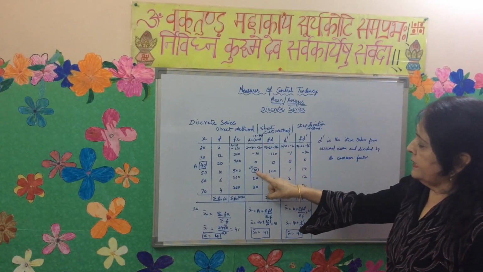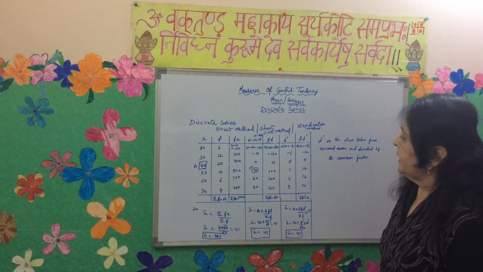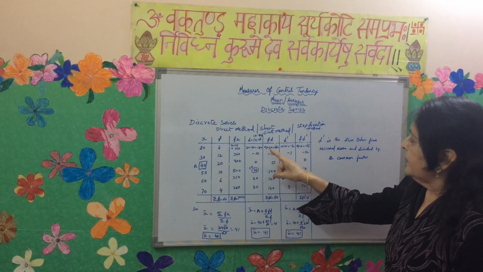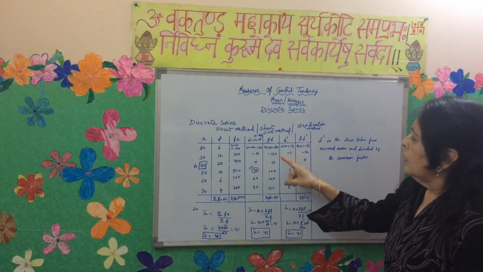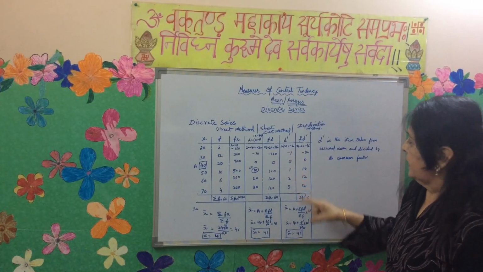Here we get 10 as the common factor, so we divide the numbers. 20 minus 40 divided by 10 is equal to minus 2. Then so on: minus 1, 0, 1, 2, 3.